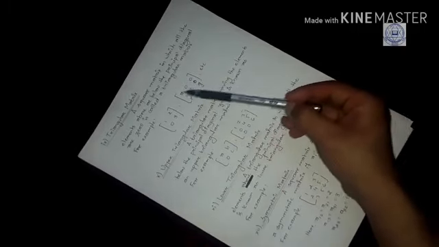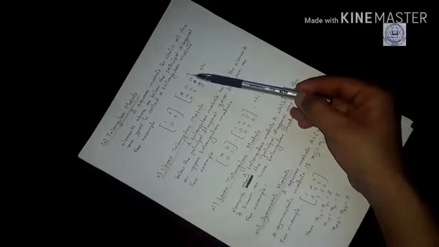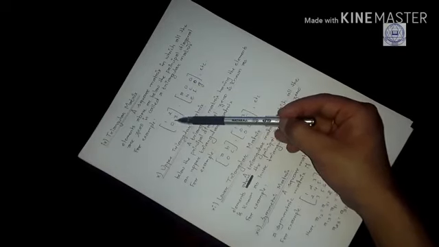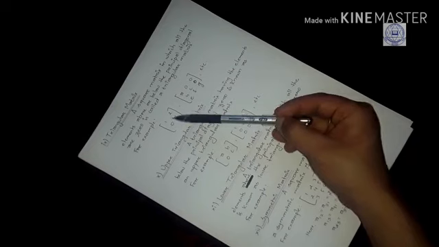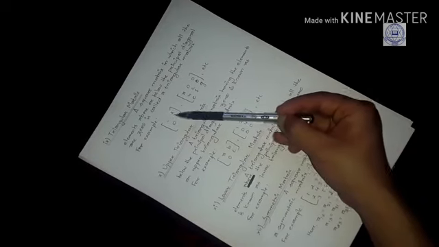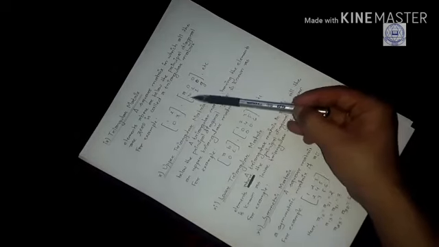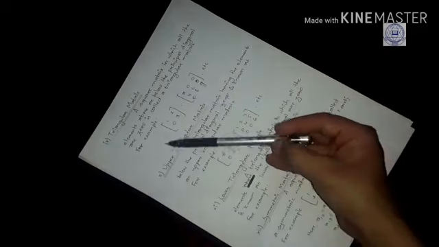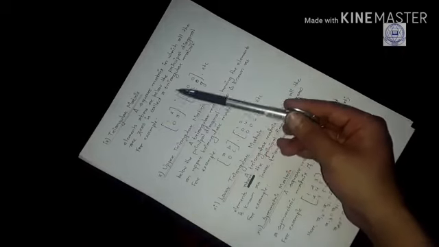Here, elements above the principal diagonal are 0 and the elements below the principal diagonal are 0. It forms the shape of a triangle. So that's why it is called a triangular matrix.